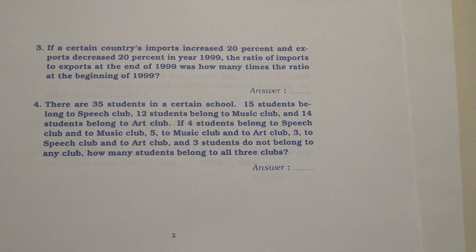Now number 4. There are 35 students in a certain school. 15 students belong to speech club, 12 students belong to music club, and 14 students belong to art club. If 4 students belong to speech club and music club, 5 to music and art club, 3 to speech club and art club, and 3 students do not belong to any club, how many students belong to all 3 clubs?